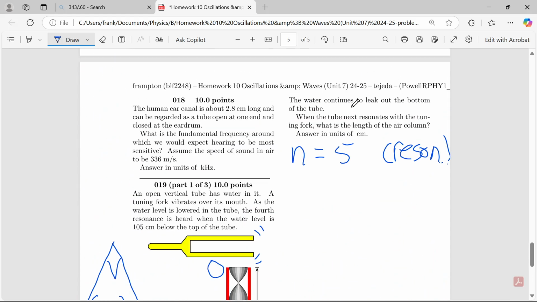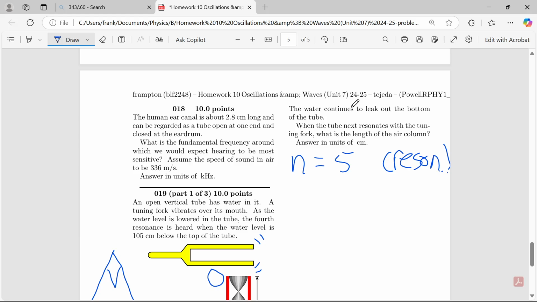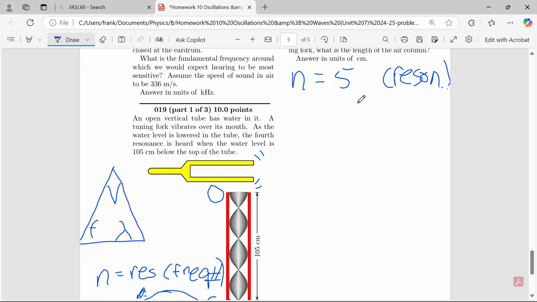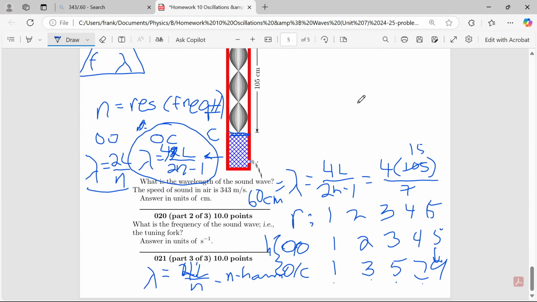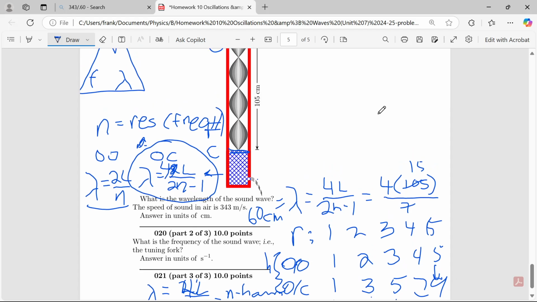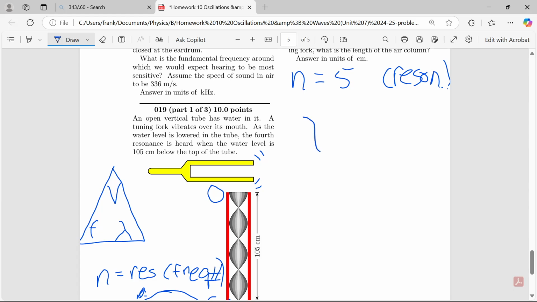But that's where the 2N minus 1 comes in. 2 times 5 is 10, minus 1 is 9. So I'm going to use the formula given the resonance number of 5. If I was using just 4L over N, I'd use 9 because that's the harmonic. So I know that the wavelength equals 4L over, using resonances, 2N minus 1.